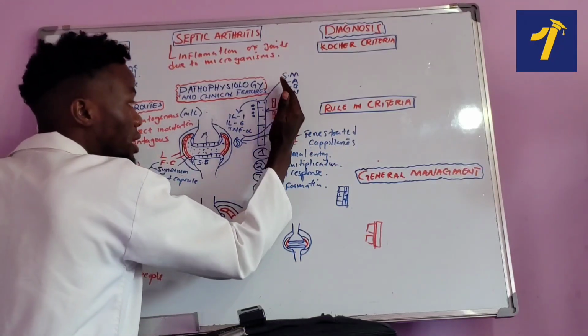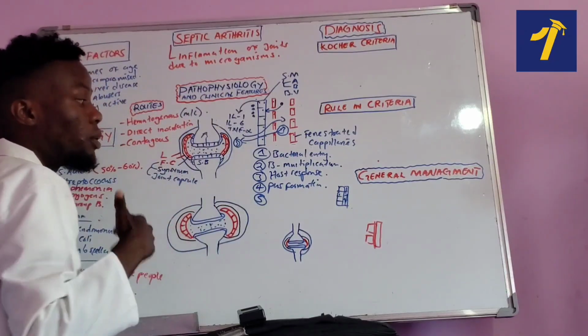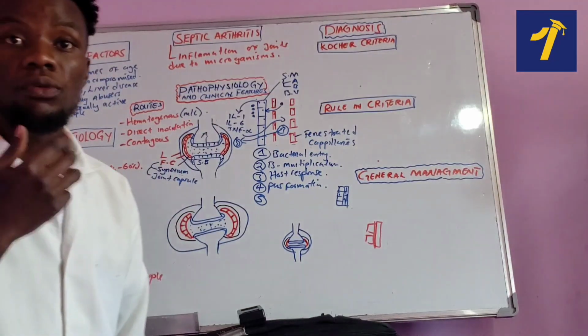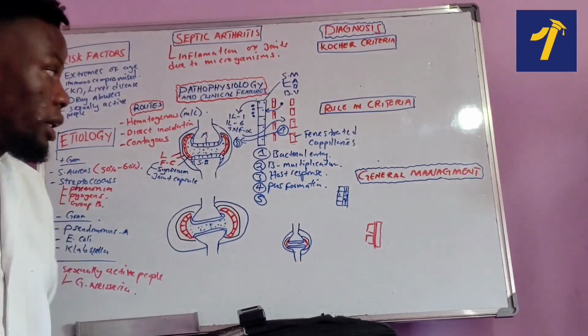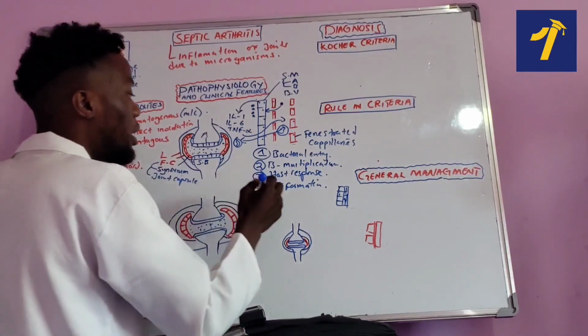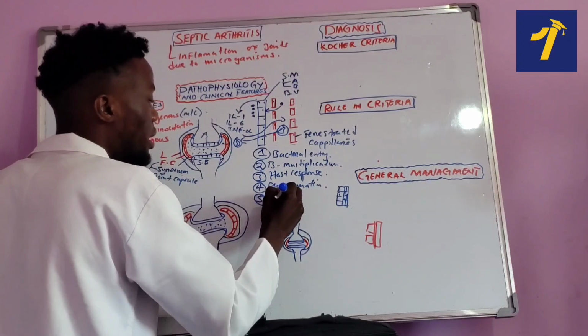Fluid, or the plasma coming from the blood vessels, and entering into the joint capsule, causing what? Accumulation of the synovial fluid. Okay, resulting in what we call increase in what? Intra-articular pressure.